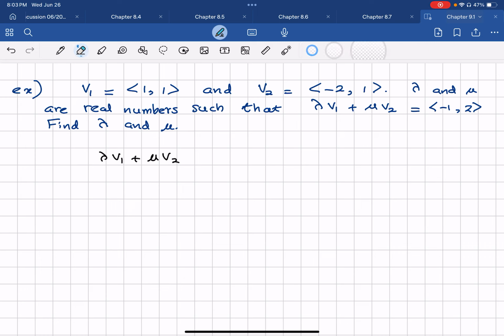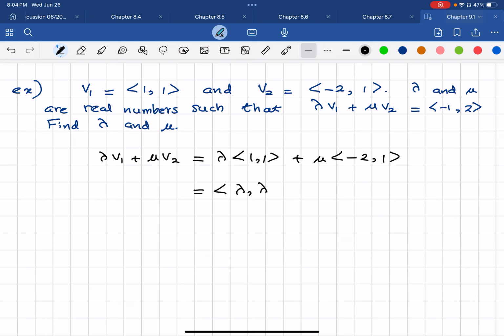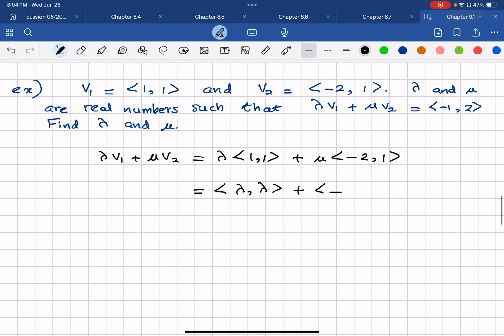You are multiplying the vector v1 by lambda, and you are multiplying vector v2 by mu. First I would perform the scalar multiplication, so I would get lambda, lambda plus, if you multiply -2 by mu, you would get -2 mu, and if you multiply 1 by mu, you would get mu.